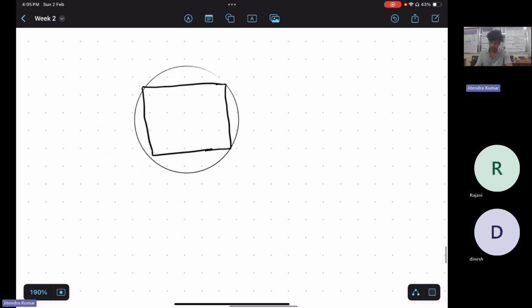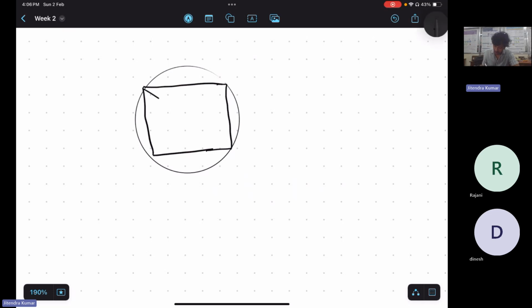Okay, so you have a core there and you draw a circle around that core, right? Whatever the diameter of that circle, there will be a relation between the width of the core and the diameter of the circle.